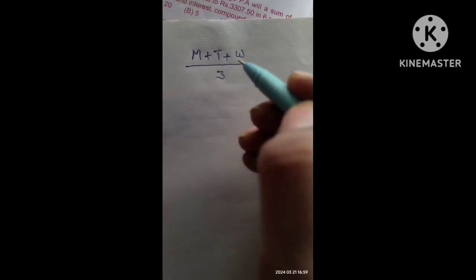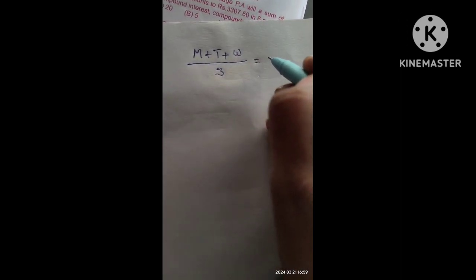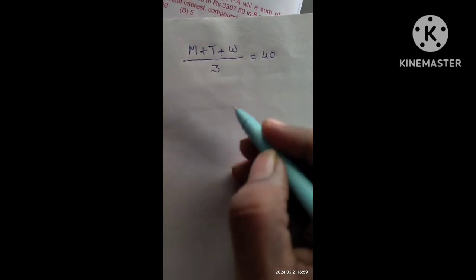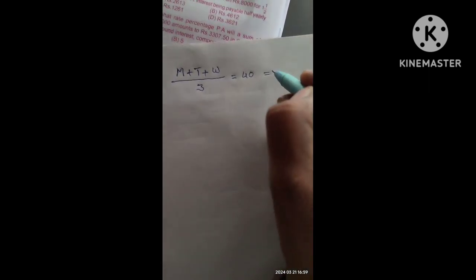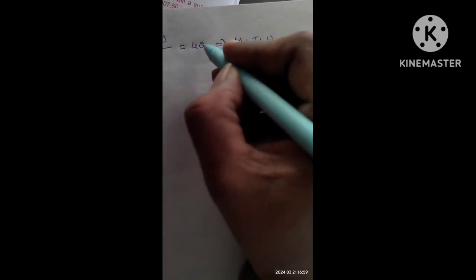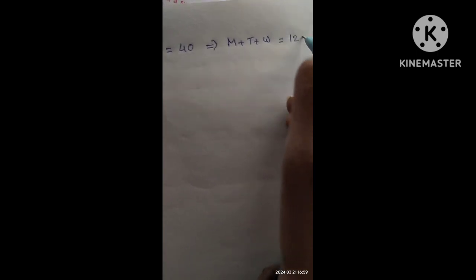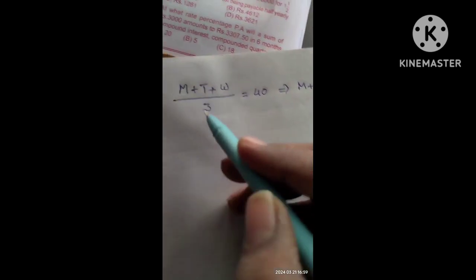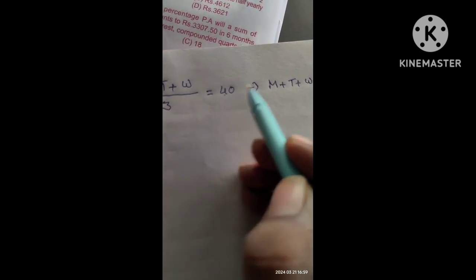Here we are taking 3 days, so by 3 is equal to 40 degrees. Transposing it, Monday temperature plus Tuesday temperature plus Wednesday temperature is equal to 3 times 40, which is 120.